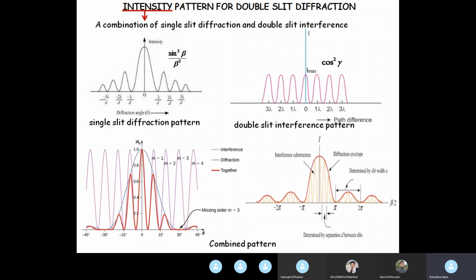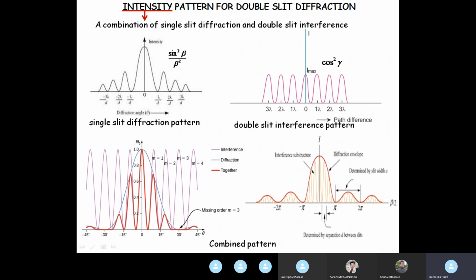The secondary maxima of a diffraction pattern have intensities which are drastically smaller than the central fringe intensity, and therefore this eventually reduces the value of the intensity due to the double slit interference also. So although these peaks will be present, their intensities will be dramatically smaller than the intensity that you see for the bright fringes within the central fringe.